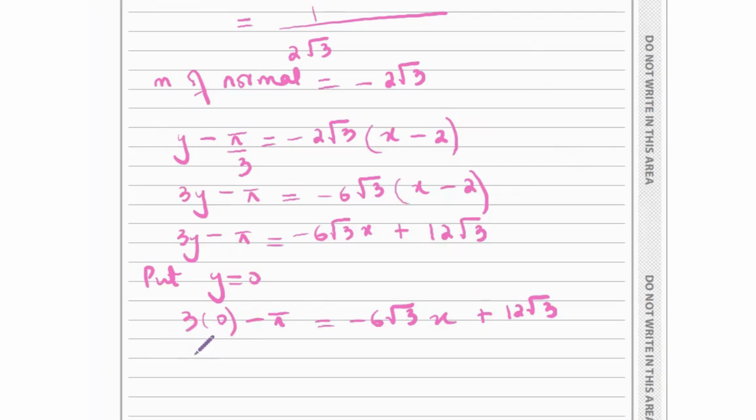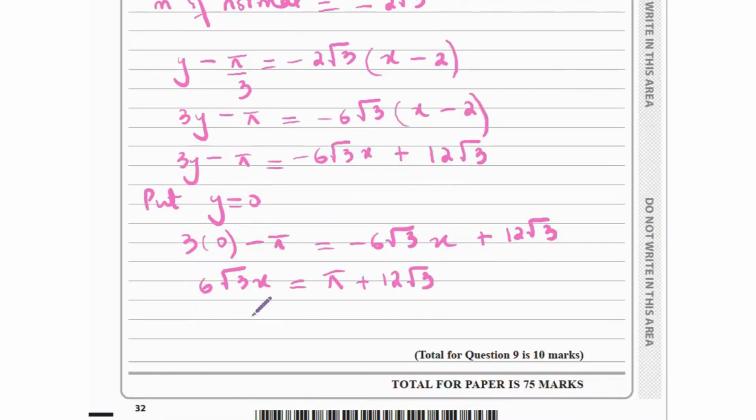So 6 root 3 x equals pi plus 12 root 3. x is going to be (pi plus 12 root 3) over 6 root 3.